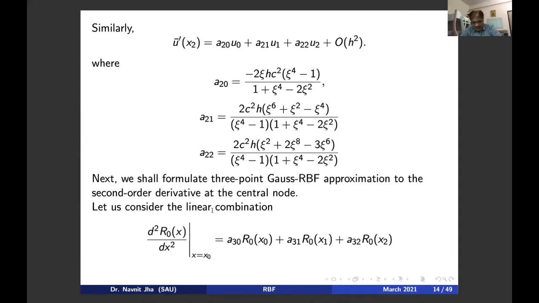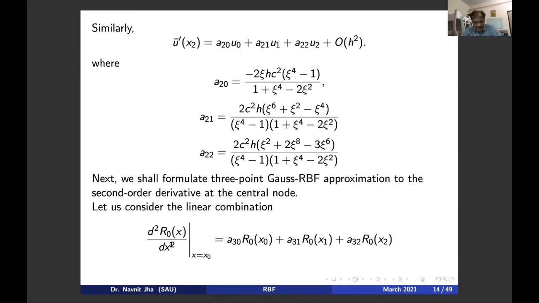We shall formulate the 3-point Gauss radial basis function approximation to the second order derivative at the central node, x naught only. I do not require approximation at x1 and x2.